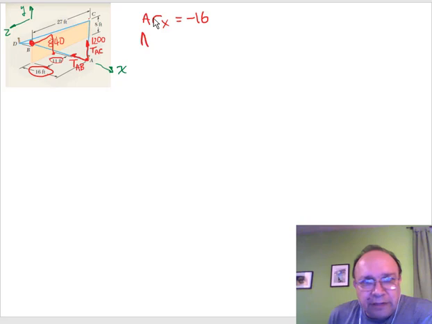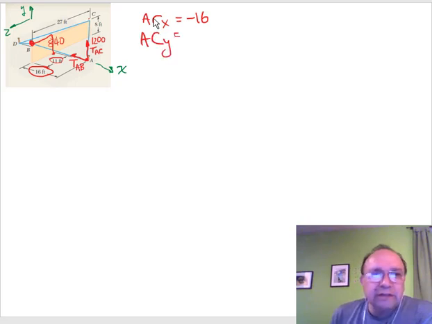ACY will be the vertical height of the wall. That will be 8 feet, positive.